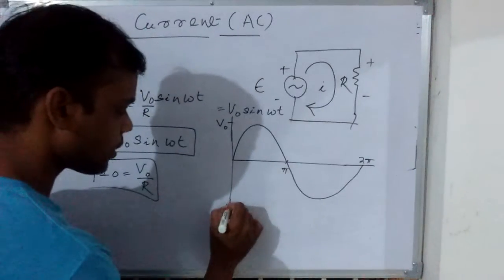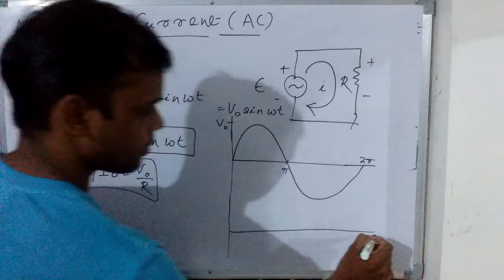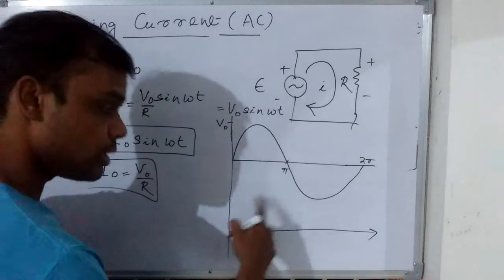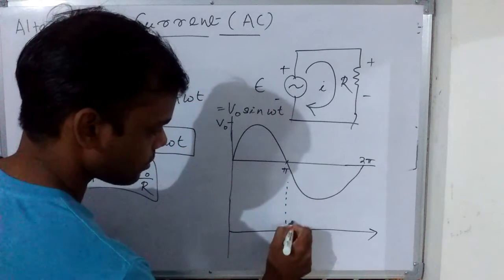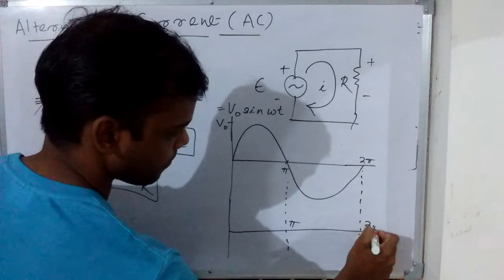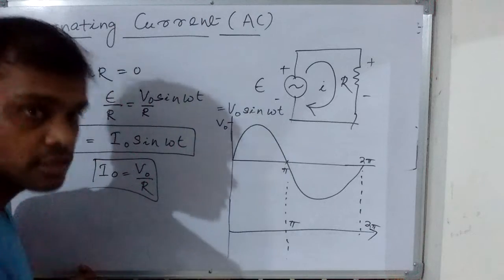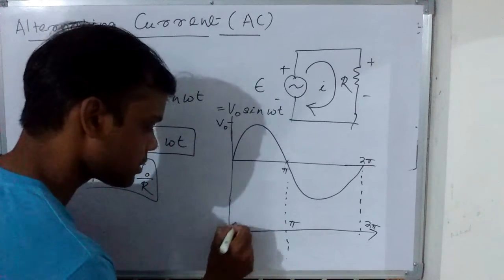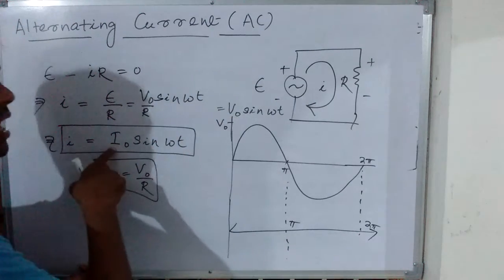Now how will the current waveform be? Of course this is a sine wave, so it will also be a sine wave, no doubt. Here the phase difference is 0. That means where voltage starts, current will also start. Amplitude here is V naught, here I naught.